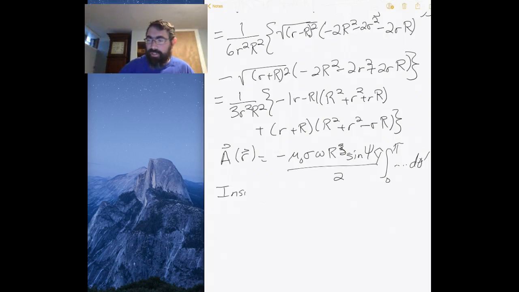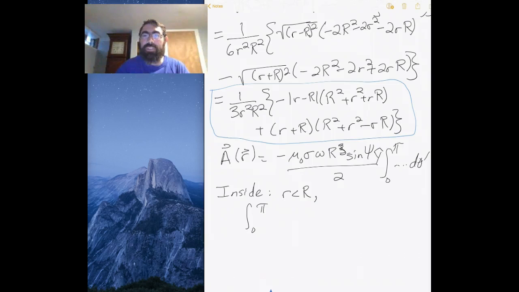So inside, basically little r is less than big R, then this integral, basically plugging in the values for those in what we found up here, when lowercase r is less than uppercase R, then this integral, which is getting really kind of big to carry around, is equal to minus 2r over 3R squared.